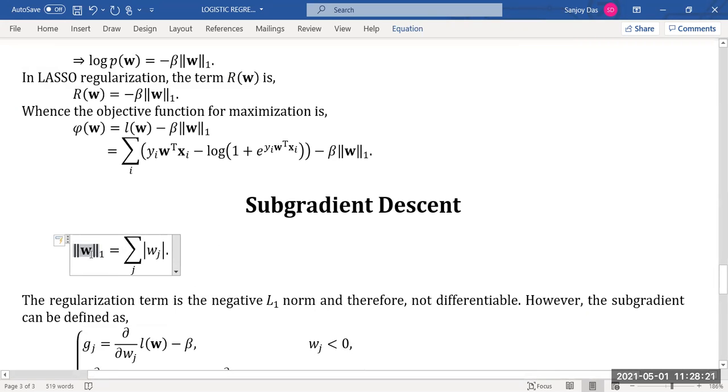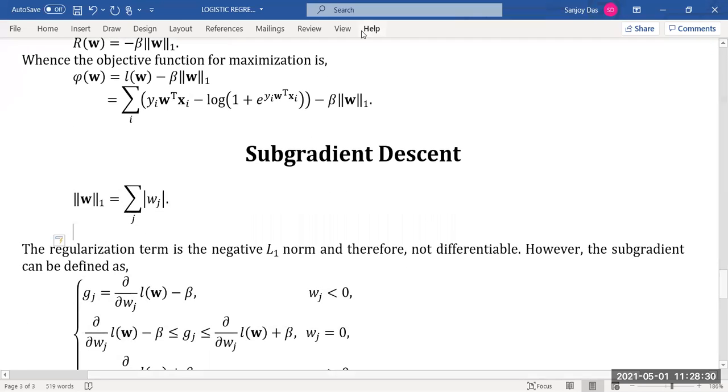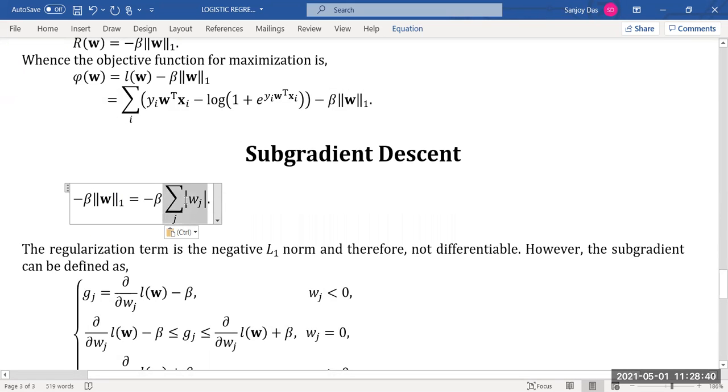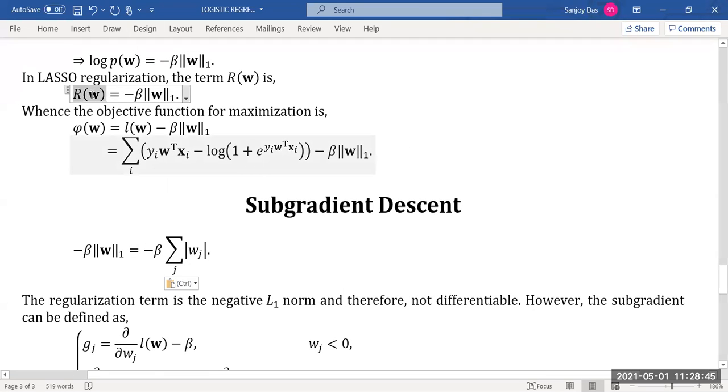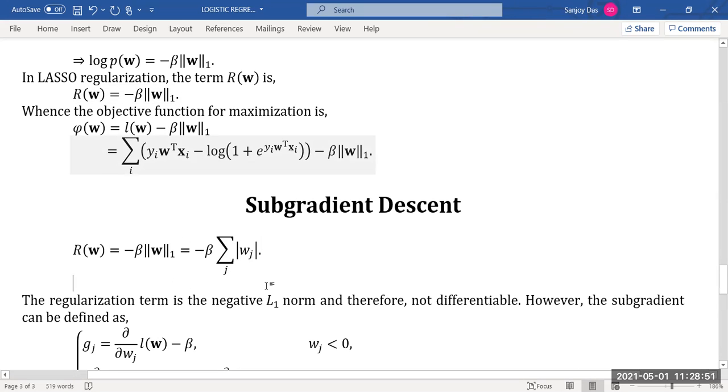This is the definition of the L1 norm. So how do you differentiate this with respect to any Wj? Actually, let me write negative beta here. The regularization term is negative beta times this summation. Agree?